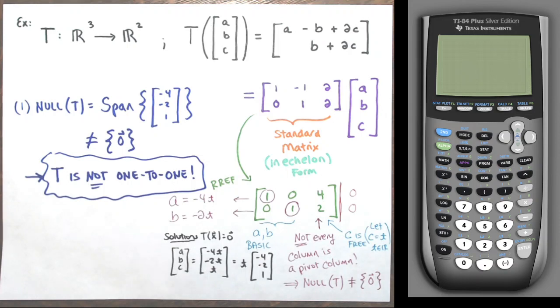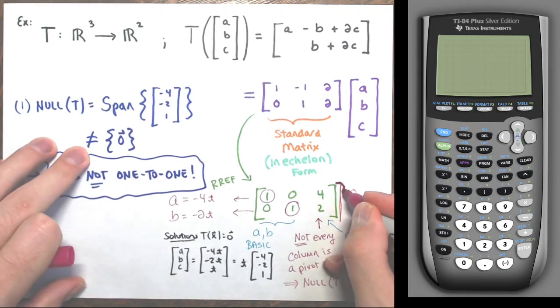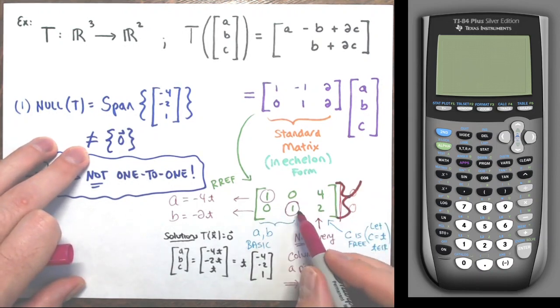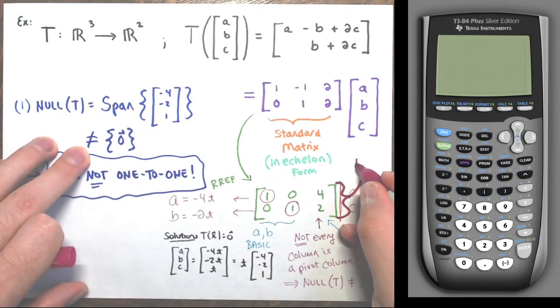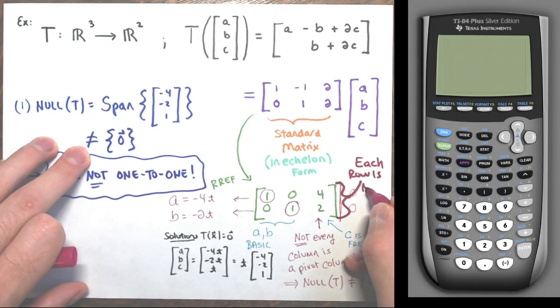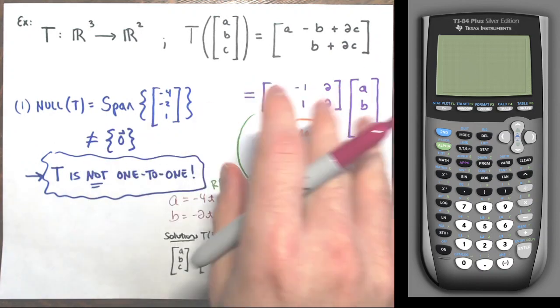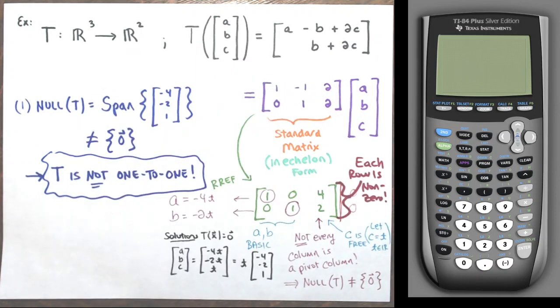Okay. And then looking back here, lots of clutter over here now. But ignoring these zeros, looking back at the reduced echelon form, you see that each row is non-zero, which is great. That tells me that these column vectors here do span the codomain. So that means that the range is the codomain.